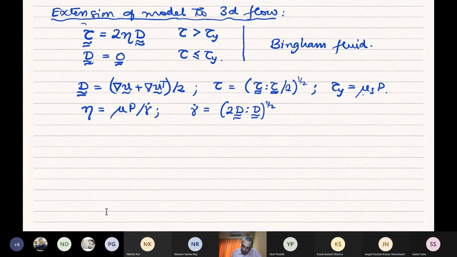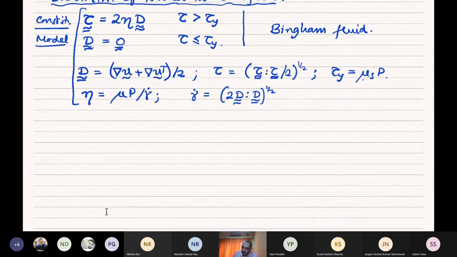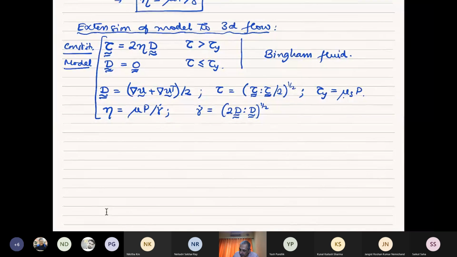So this whole thing is the constitutive model or the constitutive equations. And these determine the material or the flow properties or the rheology. And then, of course, you have the balance equations.